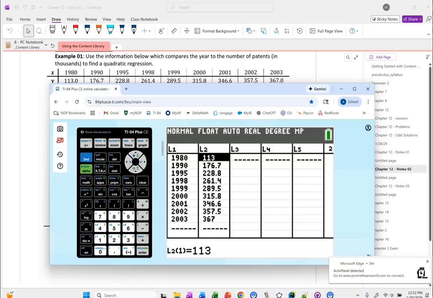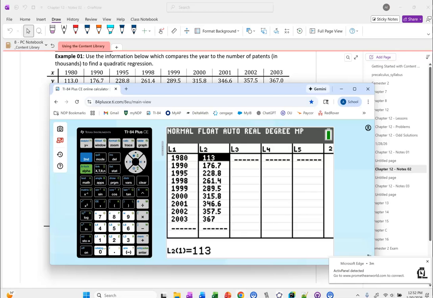I'm going to enter the data into L1 and L2. What data? Oh, right there. So before I start doing this, what things should I think about? The L1 is the cause. I should think about which one is the independent, which one is the dependent variable.